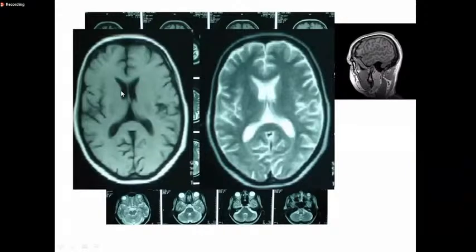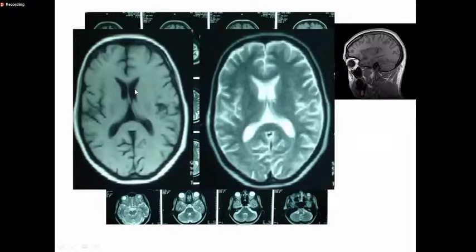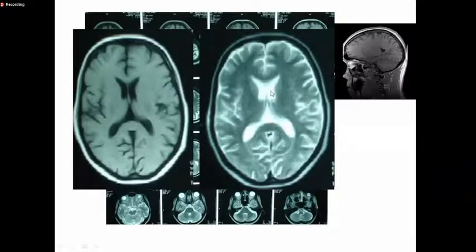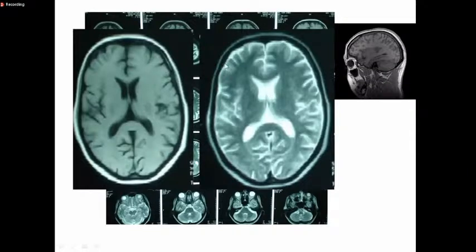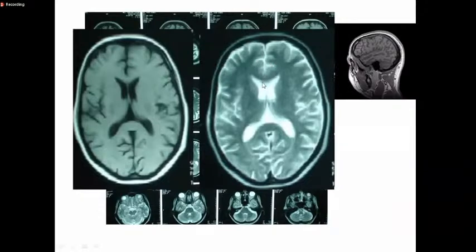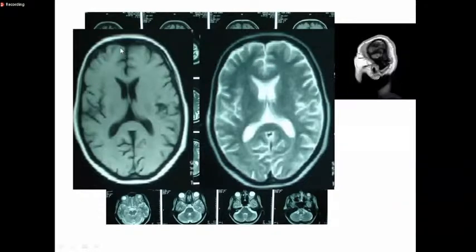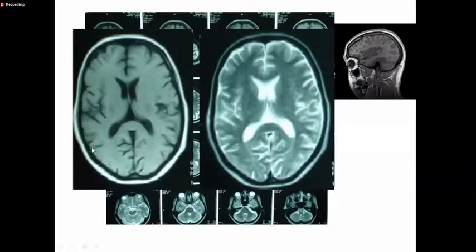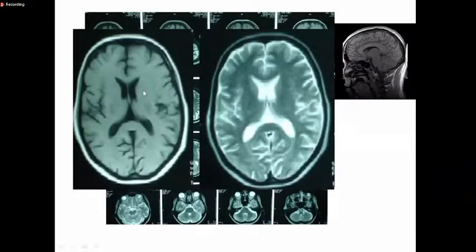So when you look at CSF, like here on T1, this is bright, and all the areas where there is fluid is bright. Now, gray matter remains gray here on T1, and white matter remains white.